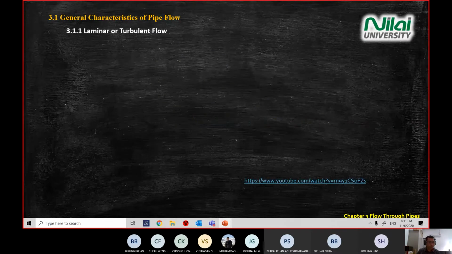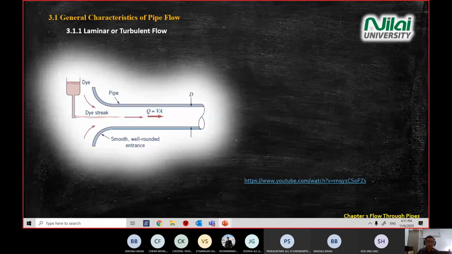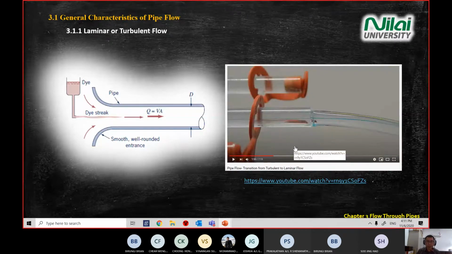Question 2. Now we're going to look at what is laminar flow and turbulent flow. If you do an experiment, later I will open a YouTube video for you to view.